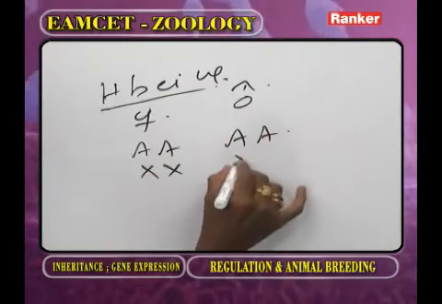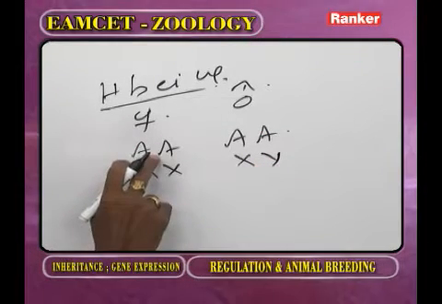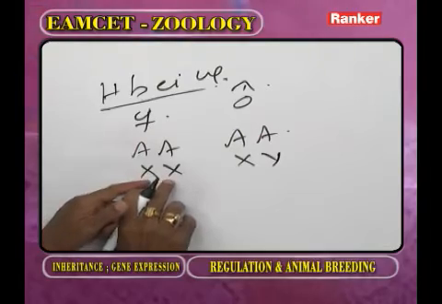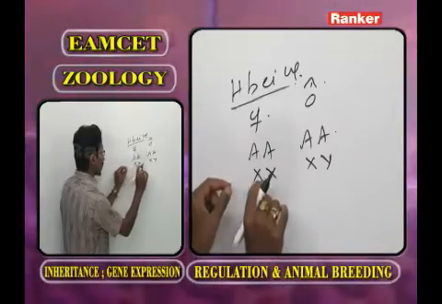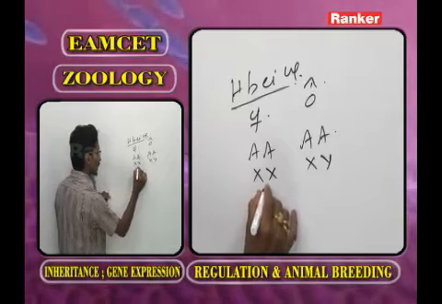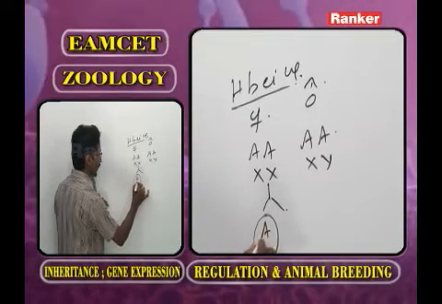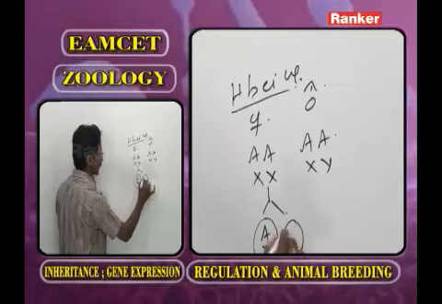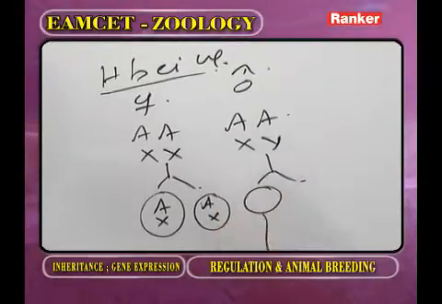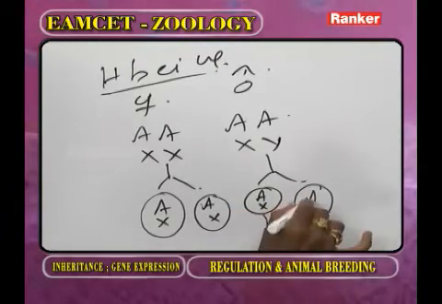Male, autosomes, sex chromosomes. Now during the formation of gametes, the chromosomes are equally separated. If the chromosomes are equally separated, you are getting AX, AX. Here you are getting AX, and you are getting AY.